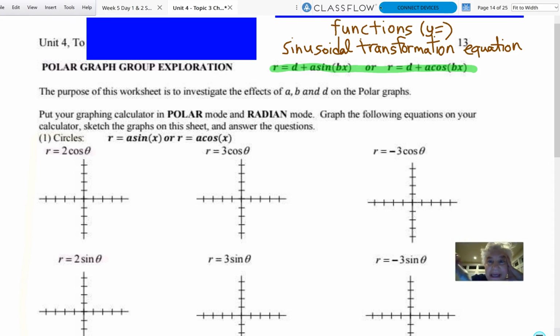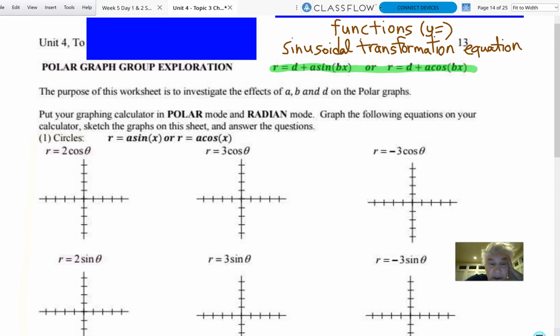Each one of these letters: D moves a graph vertically, A is our amplitude, B helps us determine our period.